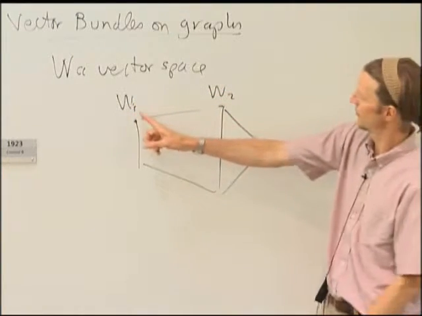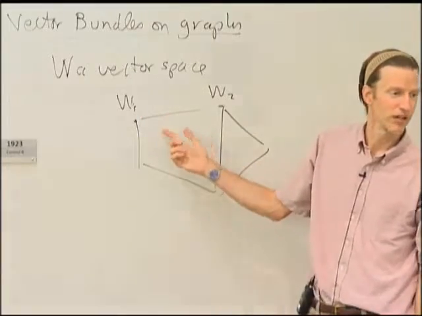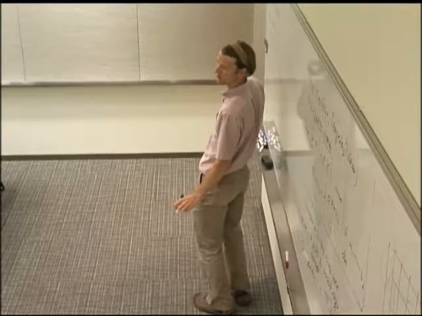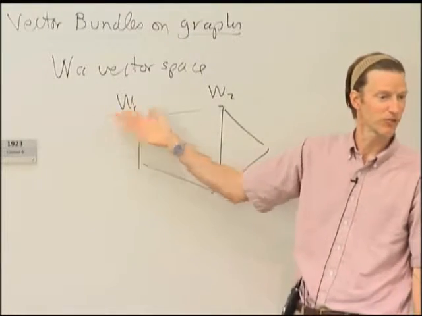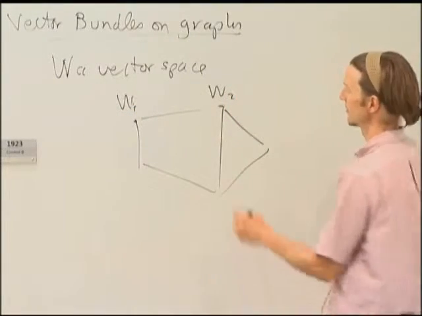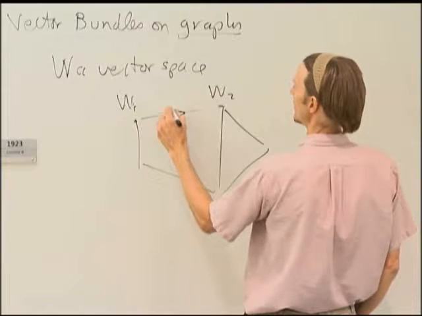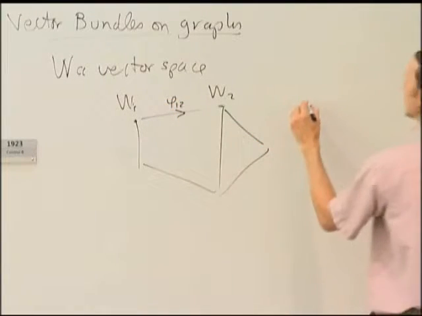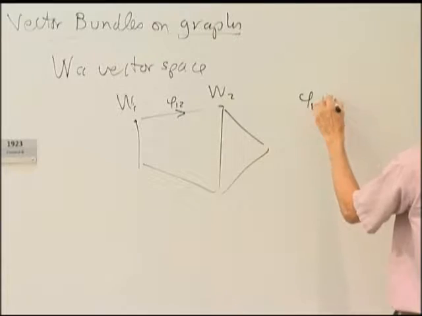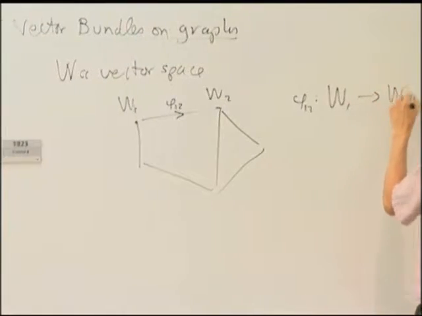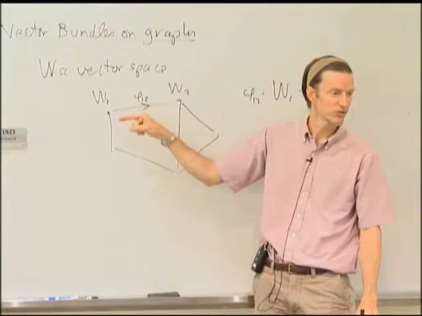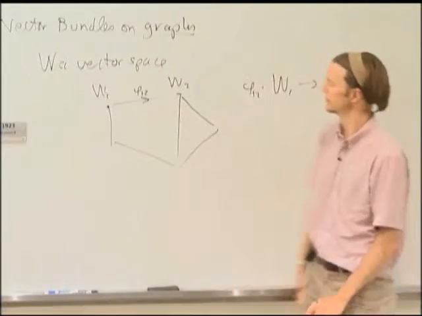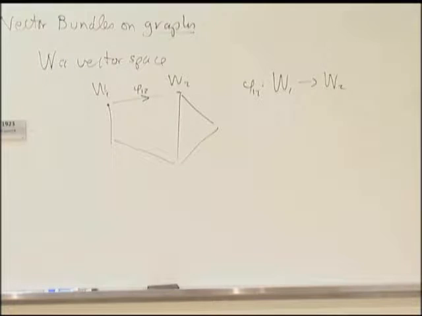And for each edge, I want to define an isomorphism between the corresponding vector spaces. I want to be able to transport vectors sitting at one vertex to a vector sitting at another vertex. So for each edge here, I'm going to have an isomorphism phi1,2. Phi1,2 goes from W1 to W2. So it's a directed object. If I go in the reverse direction, I'm just going to take the inverse of that isomorphism. So that's all a vector bundle is.